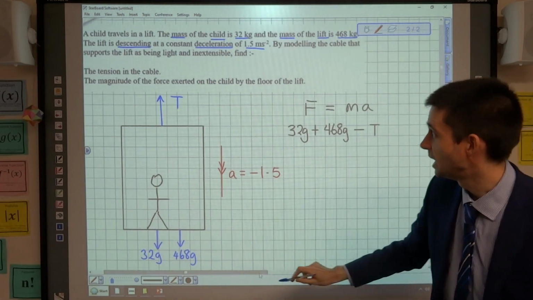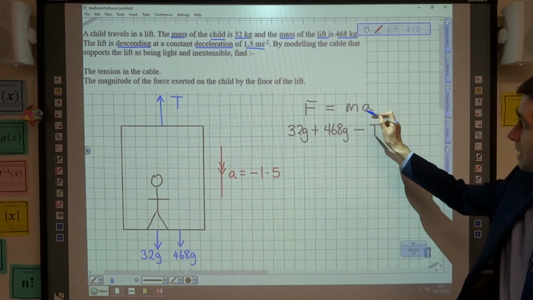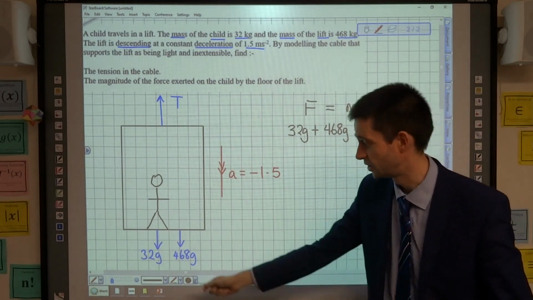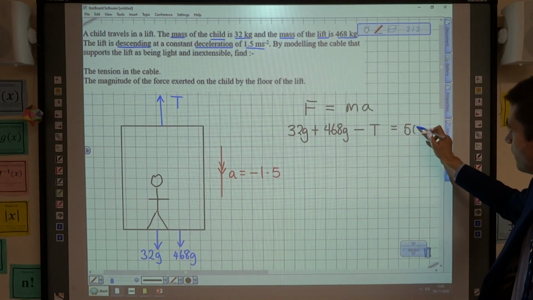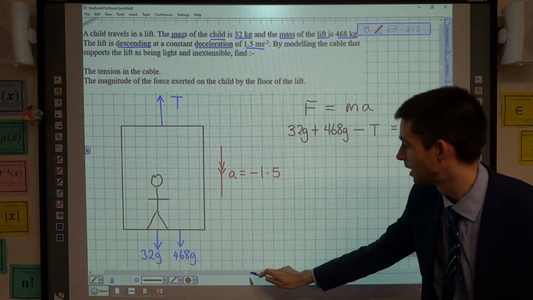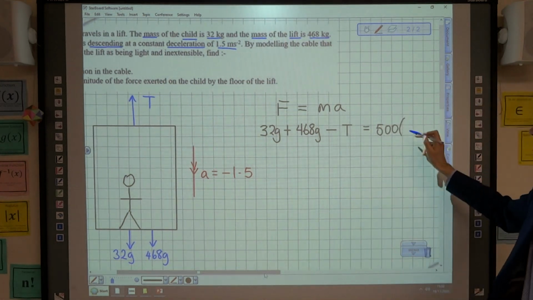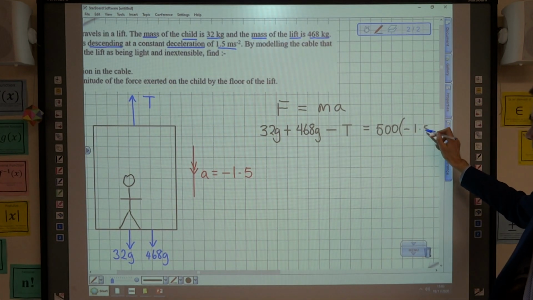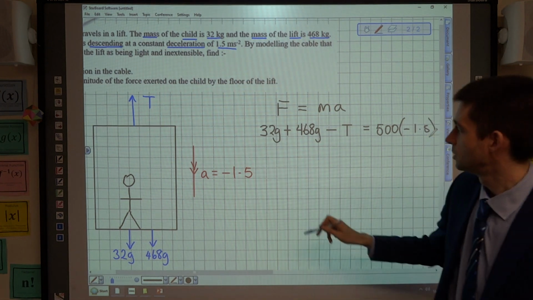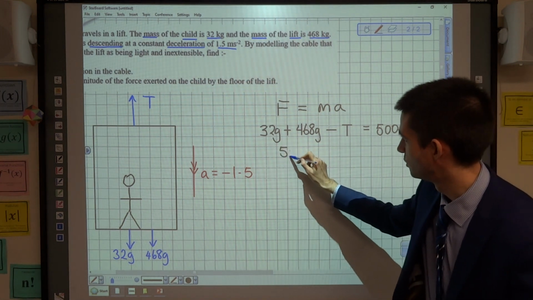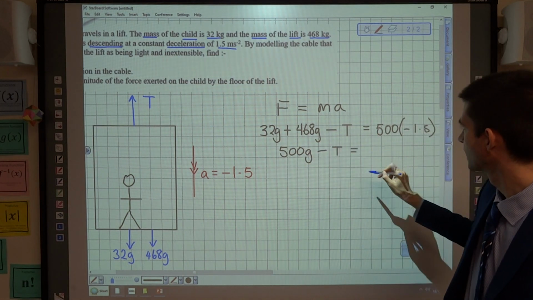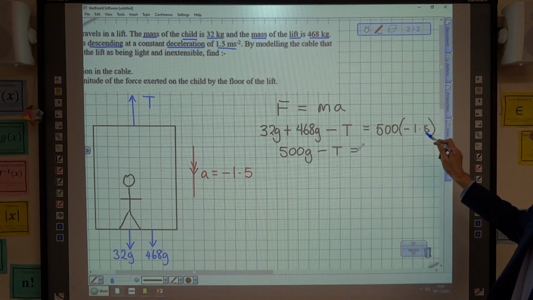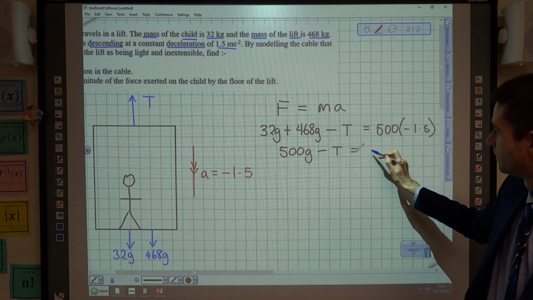Now that's going to be equal to the total mass of the system, so the 32 and the 468, so that's 500, multiplied by the acceleration, which is negative 1.5.